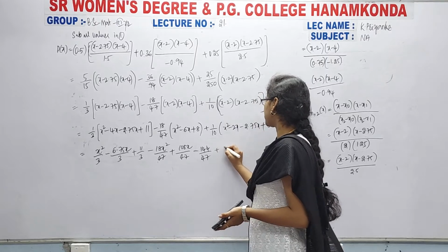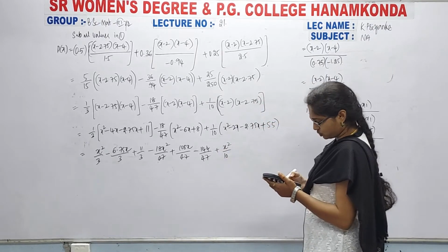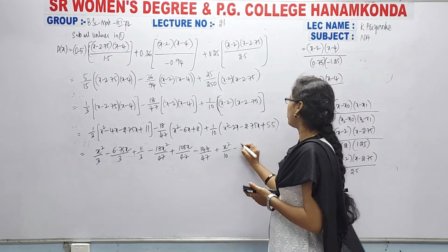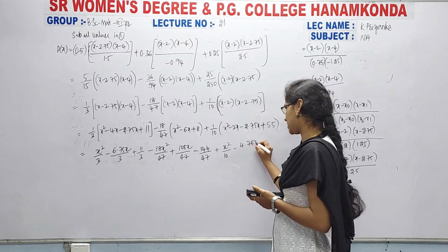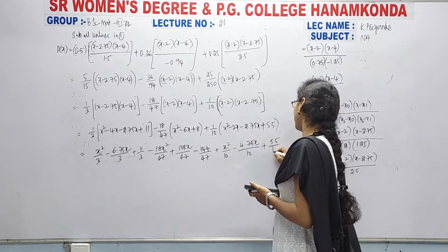Okay, plus x square by 10, and here minus 2 minus 2.75, so it is minus 4.75 x by 10 plus 5.5 by 10.